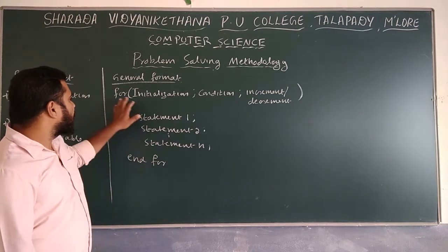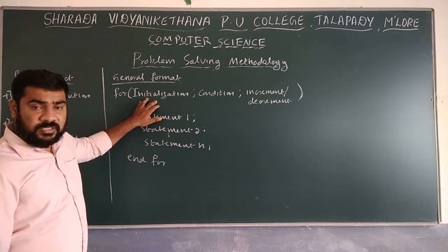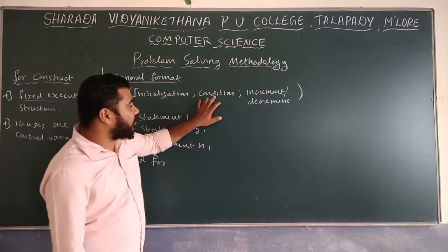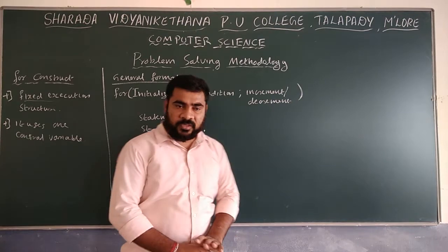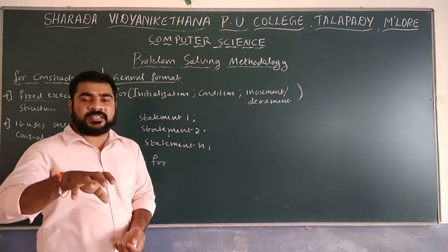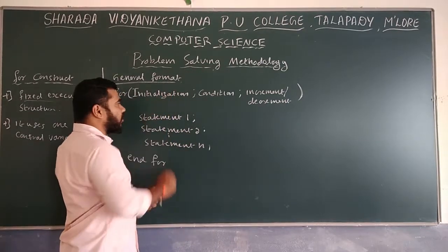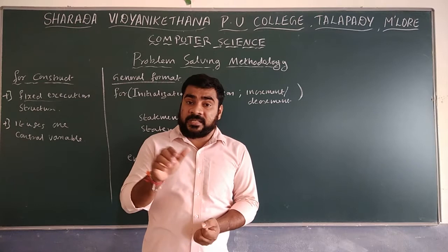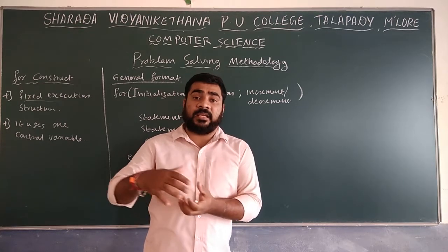In that general format, first is initialization. First you have to initialize the values. Then next is the condition, next increment or decrement, then the statements. So what is initialization? Giving the initial values is known as initialization. I assign i is equal to 0.